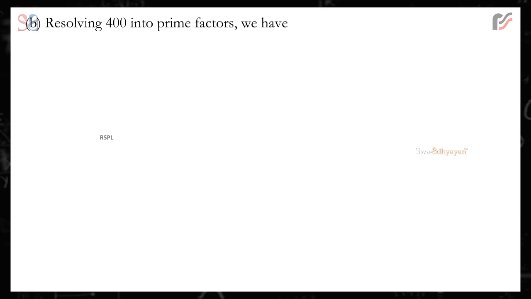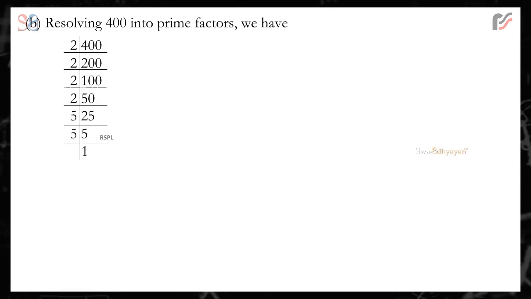B. Resolving 400 into prime factors, we have: on dividing 400 by 2, we get 200. On dividing 200 by 2, we get 100. On dividing 100 by 2, we get 50. On dividing 50 by 2, we get 25. On dividing 25 by 5, we get 5.